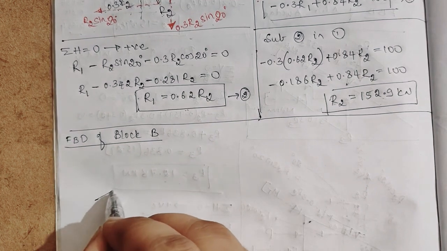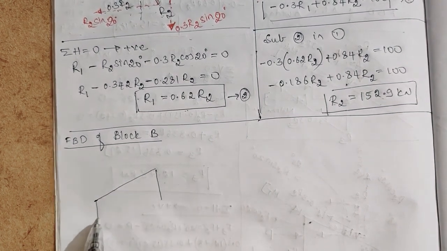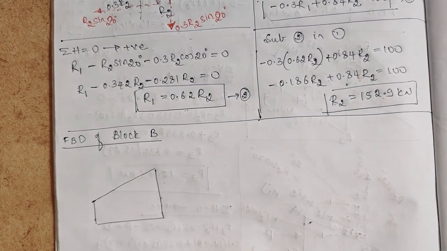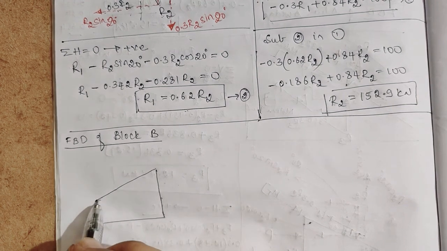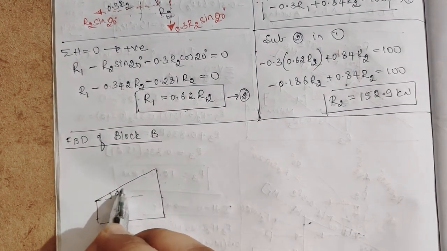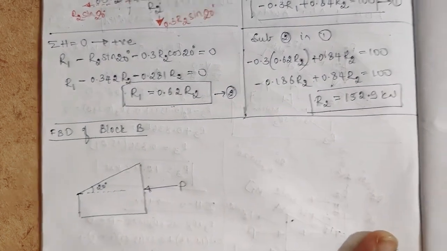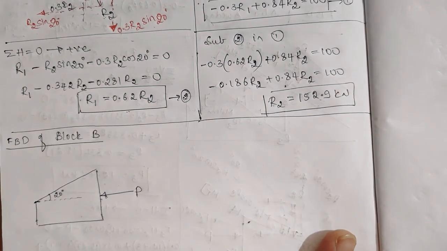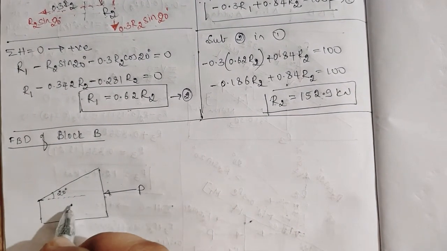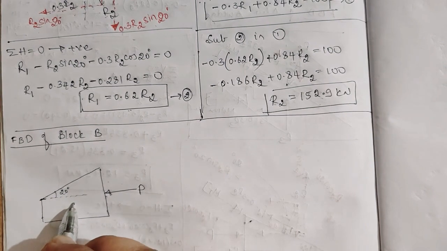So block B is a trapezoidal section, same as we did in the old problem, no? Same. So this is block B. So this is your 20 degree. Here one force is there, that is P. Then the weight of this, they have given 20 kilonewton.